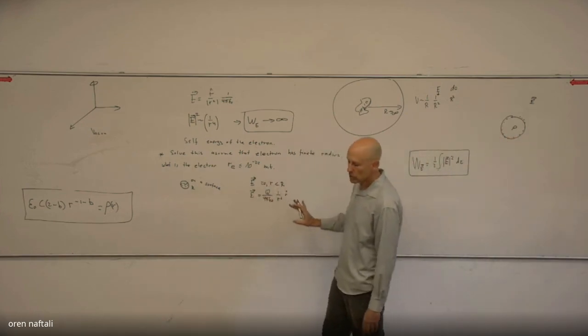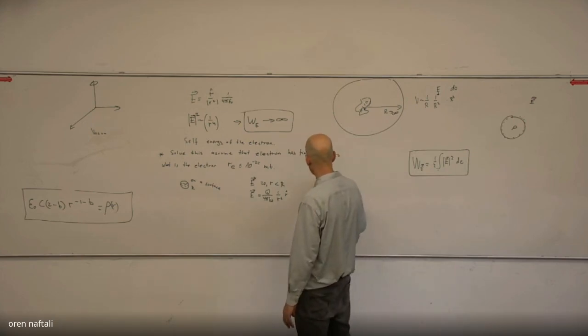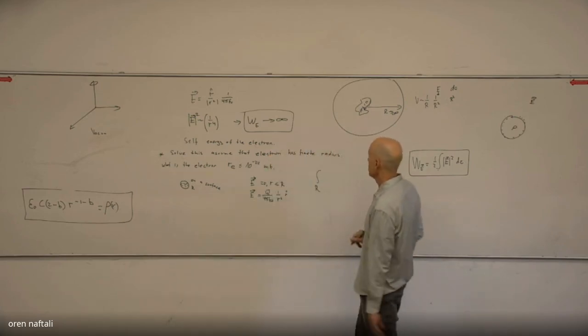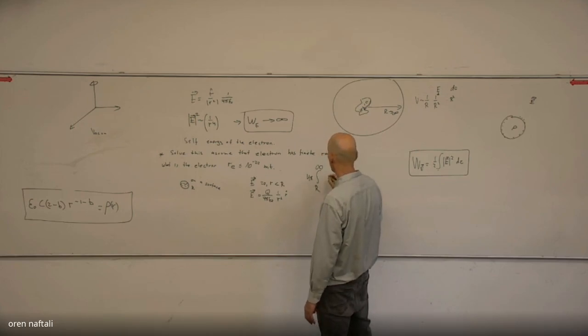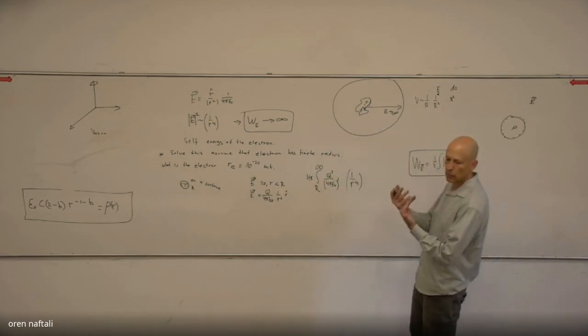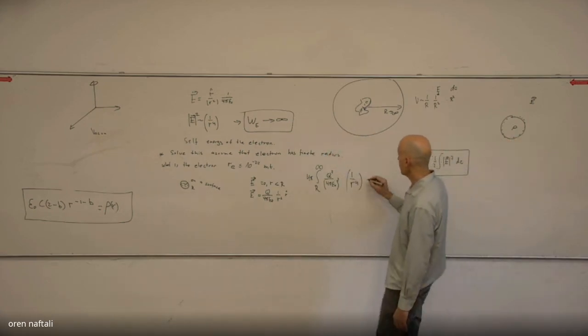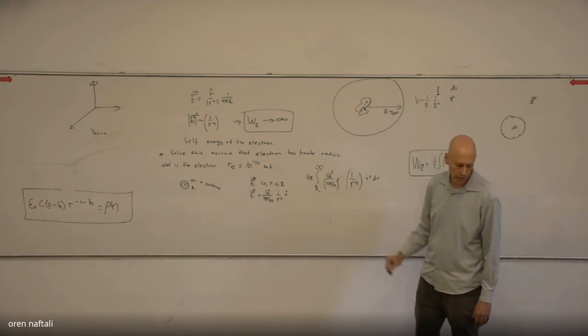Now I can do this integration. I'm not going to do it, but it's simple. The integration is going to be from r, the size of this small ball, to infinity. You'll have 4 pi, Q over 4 pi epsilon 0, squared, and then 1 over r to the power 4, because this is the electric field squared, and then r squared dr. And this is obviously a finite number unless r is infinity.